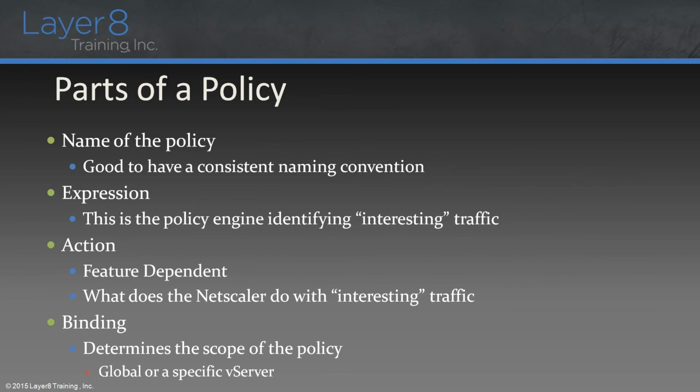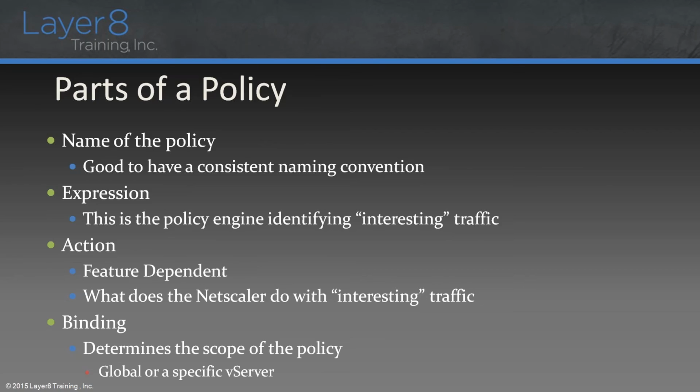When you create a policy, the first thing you're going to do is give this policy a name. Okay? I'm real big on having a good naming convention. So we name this policy based off of the feature that we're working with. Then we work with what type of element it is. Is it a policy? Is it an action? Is it a server object?